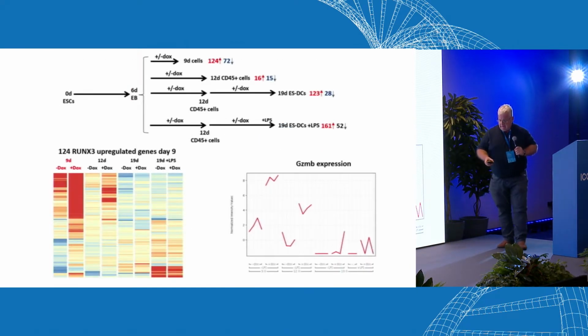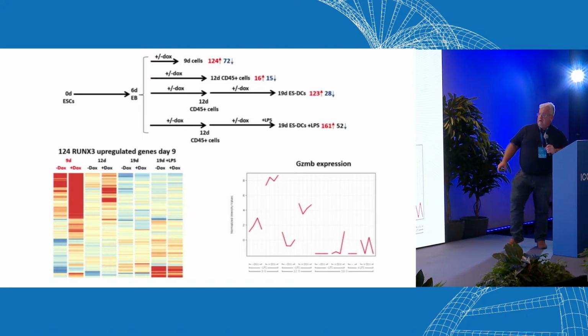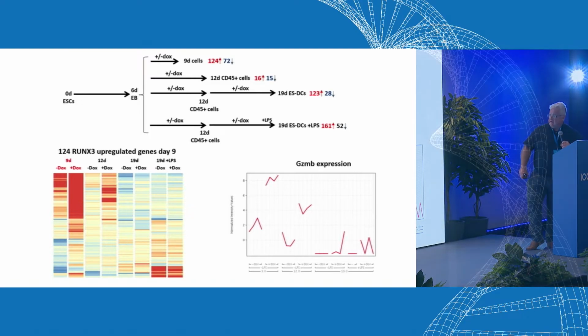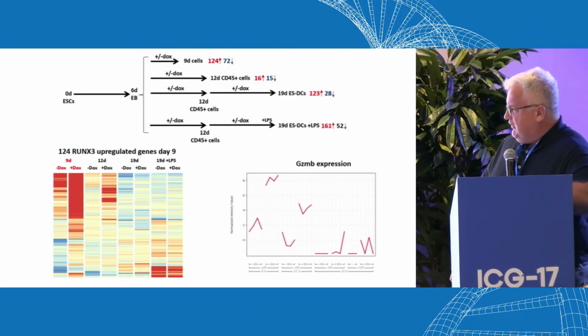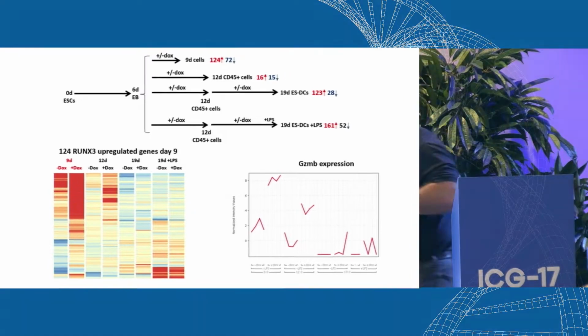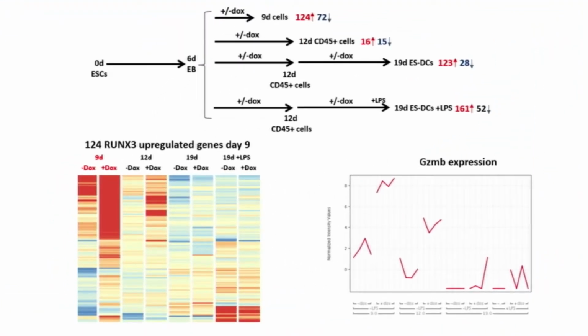Here I just show one example. We selected the 9-day differentiated cells, and I show those genes which were positively regulated. We can see that these partially overlap with 12 genes, and for instance, we found that once again the granzymes are highly expressed upon the doxycycline treatment.